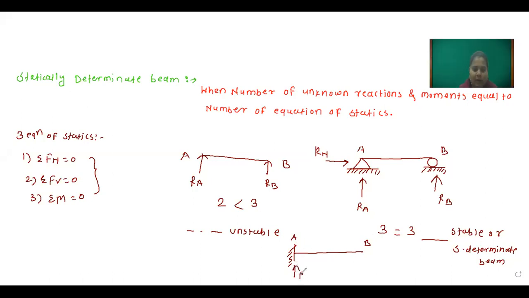Here one vertical reaction, one horizontal, and one moment. So the number of unknown reactions and moments is 3, and the number of equations of statics is also 3. So 3 is equal to 3. So this beam is also called a stable or determinate beam.